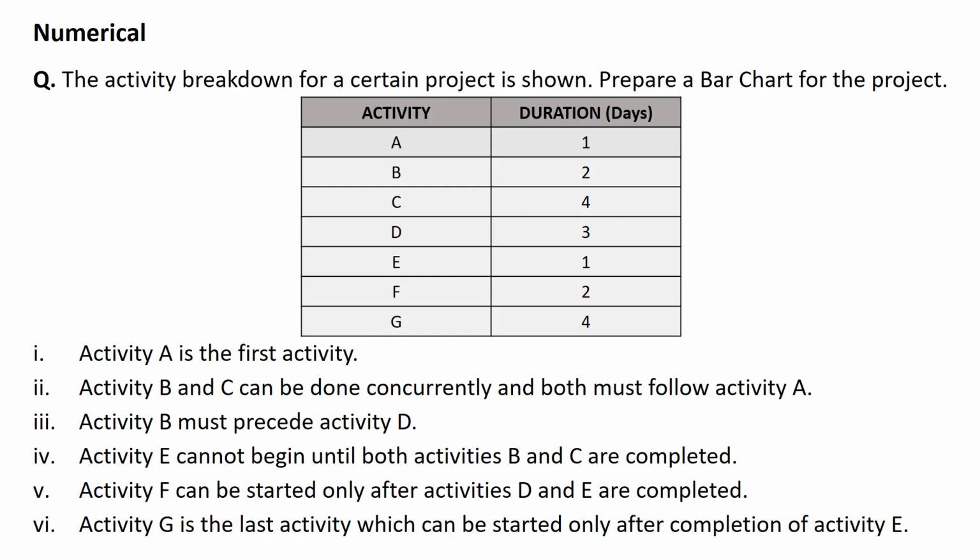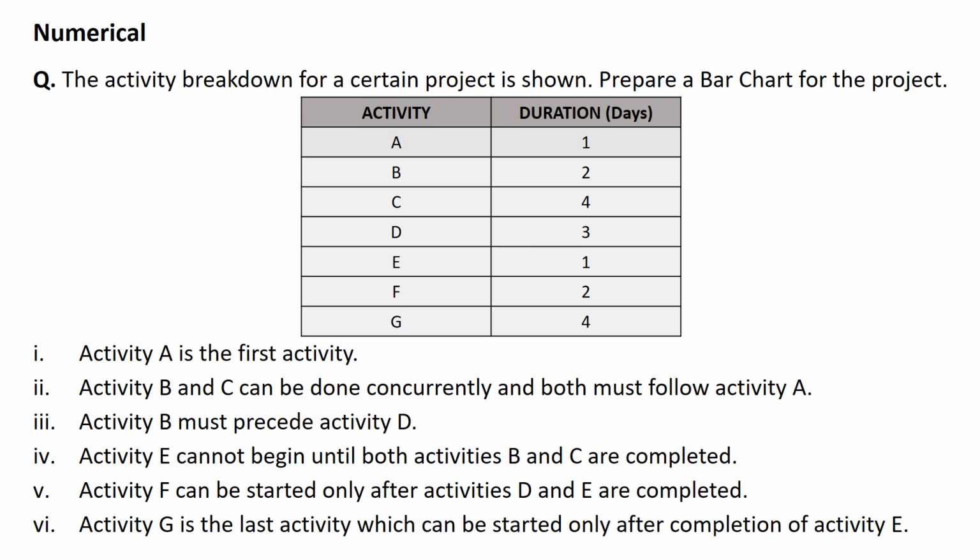Now let's look into an example of how to draw a Gantt chart for given activities, the durations of the activities and the relations between these activities. So the question is as follows.